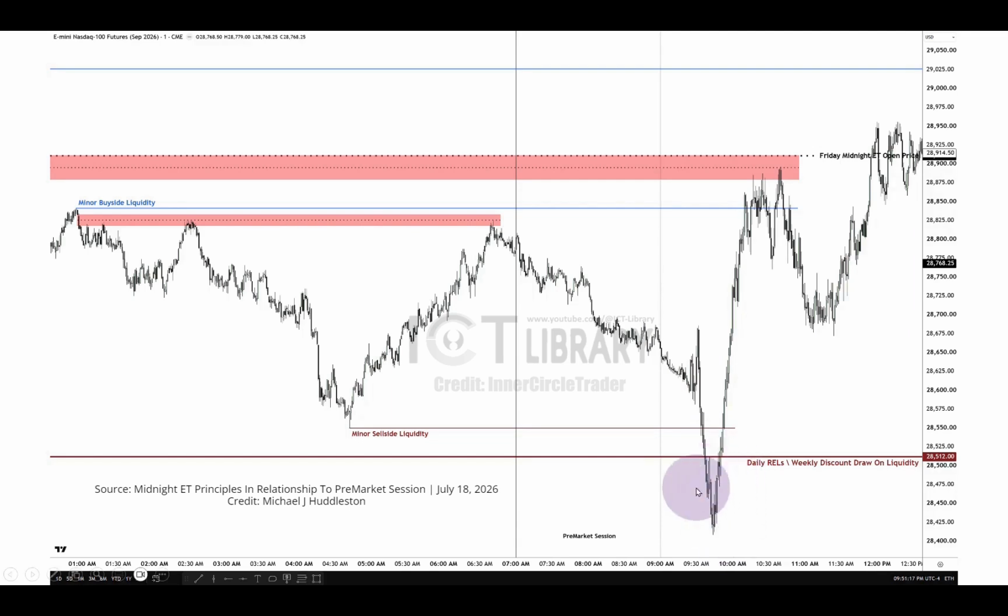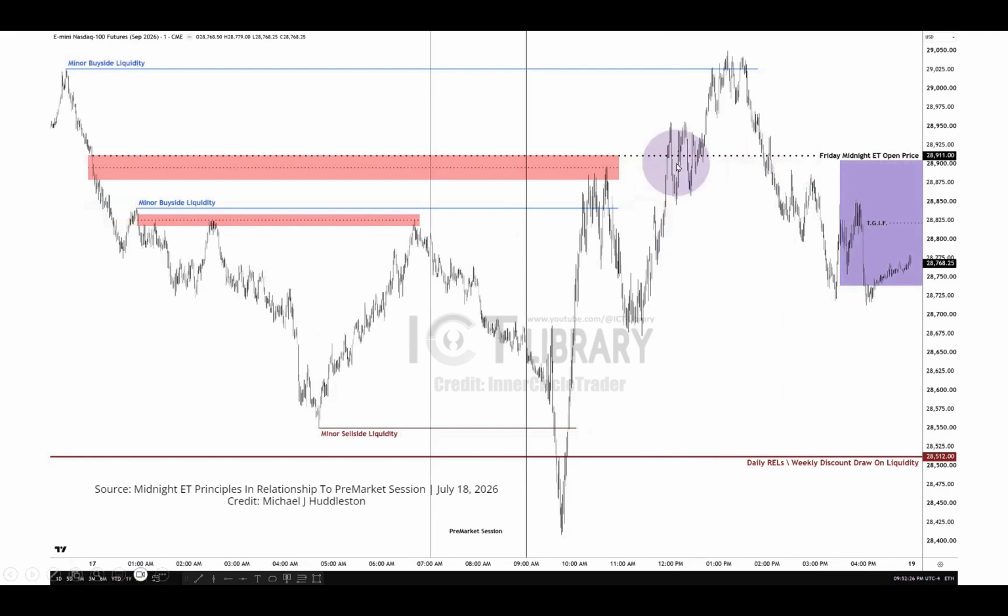And then massive short covering, because I had everybody on the internet that was trading NQ focusing on this level right here. Then, only then, price works its way back to Friday's midnight Eastern time opening price, clears it here, and then goes up for another minor buy side pull. So there's that inefficiency there.